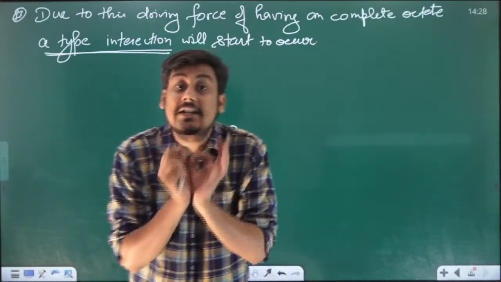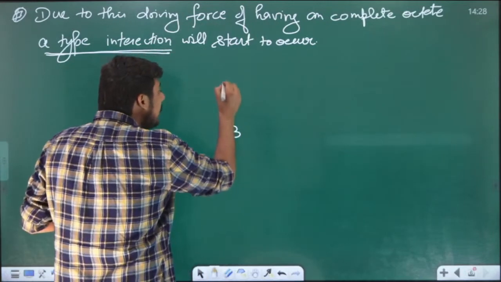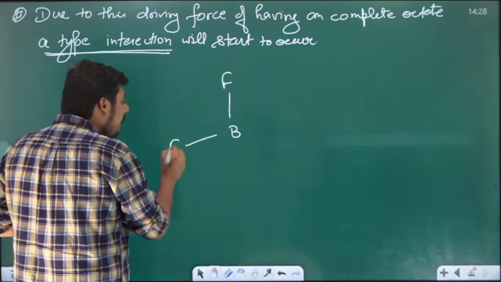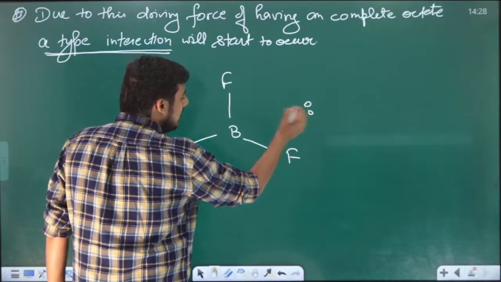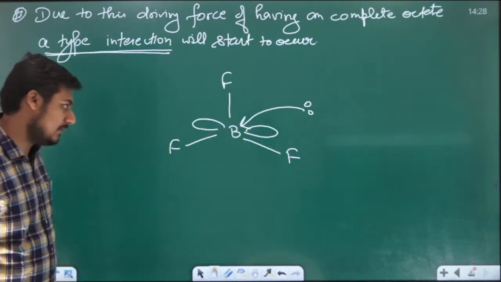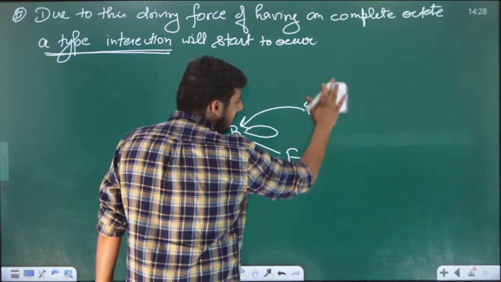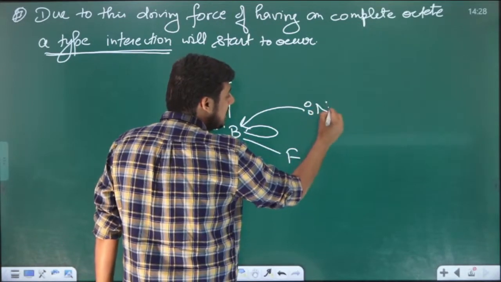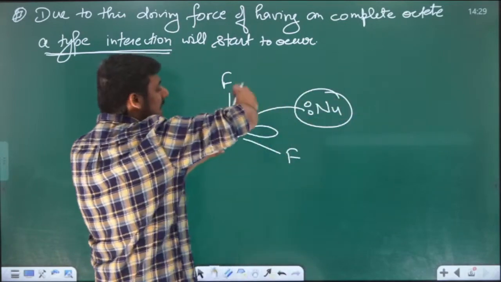It is having an incomplete octet. So what boron will try to do is seek a donor. It will try to find a donor who can donate its electron density. There are two options for this case. One option is that some other chemical species from outside will come and donate electrons to boron.